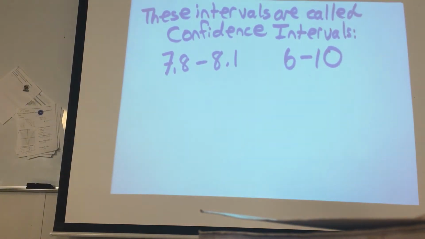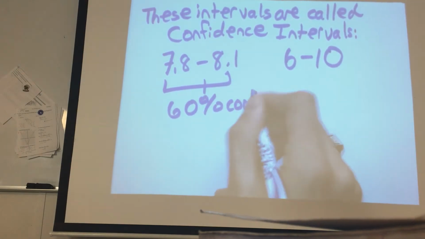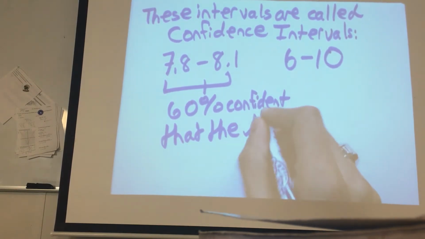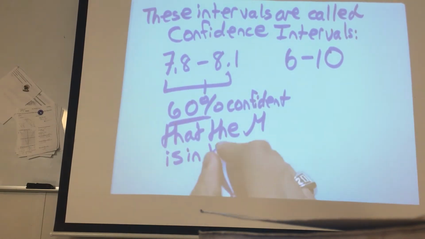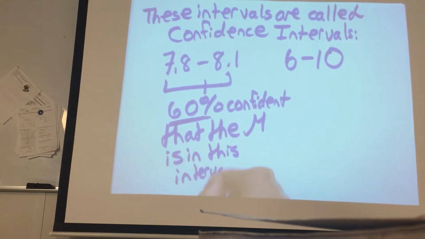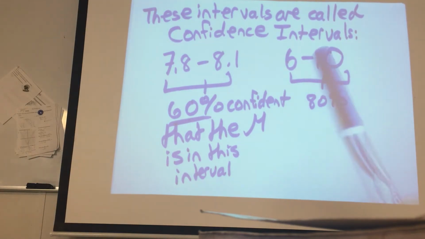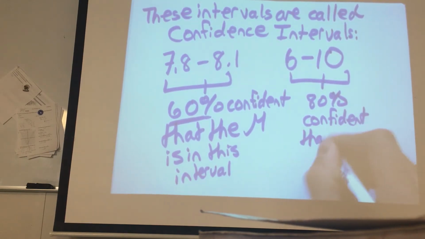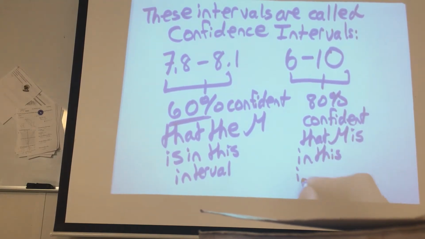So maybe we are 60% confident that the mu is in this interval. And I'll explain what we mean by this in a second. Here, maybe I'm 80% confident. I'm more confident the number is here than here. Maybe I'm 80% confident that the mu is in this interval.